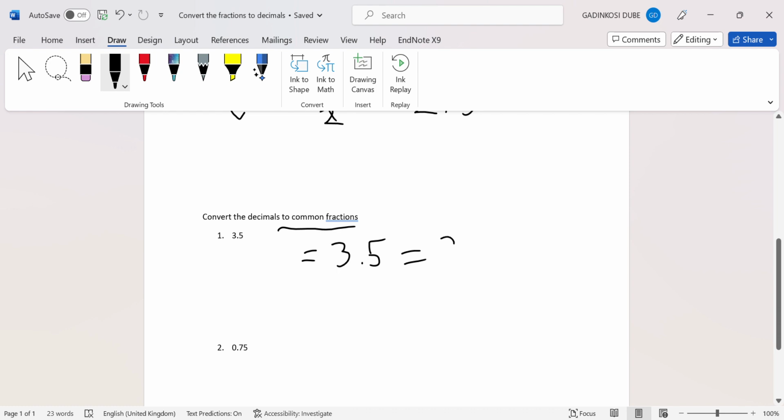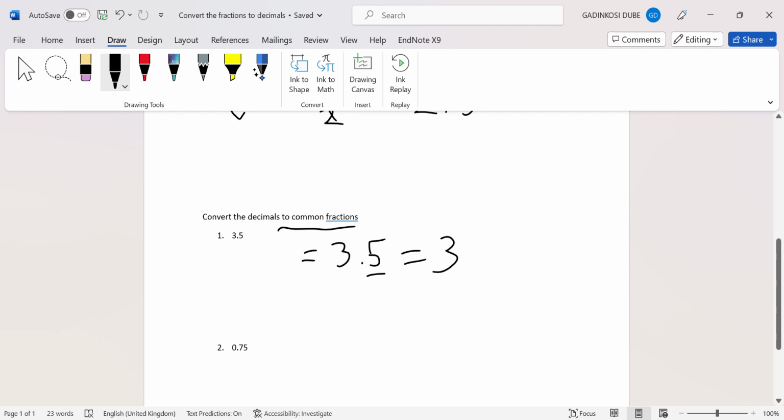So this is 3, the whole number. Because there's only one digit after the decimal point, 5 is over 10. If there were 2 figures after the decimal point, it would be over 100.